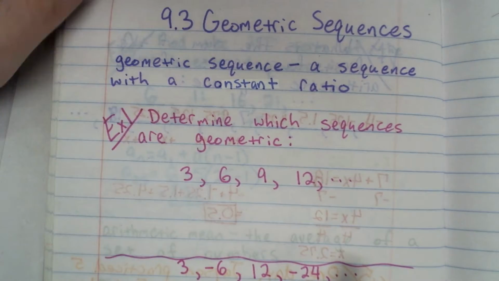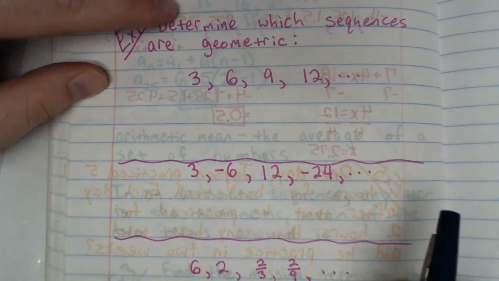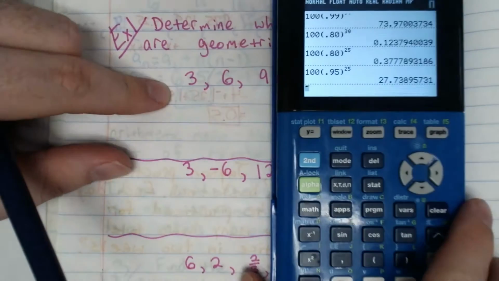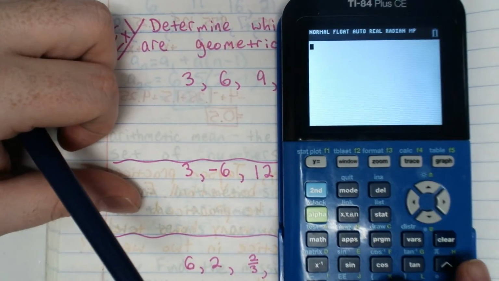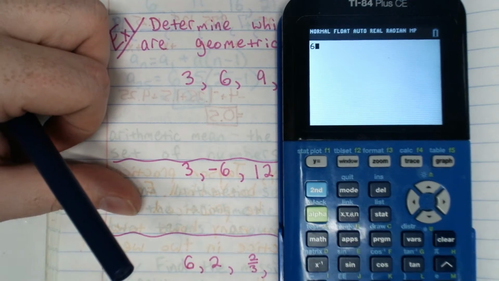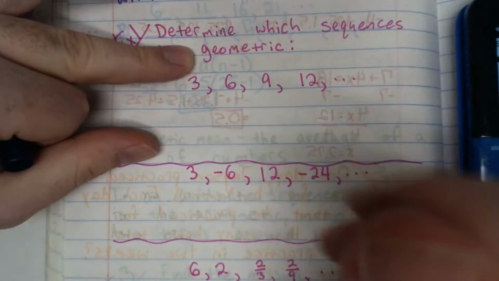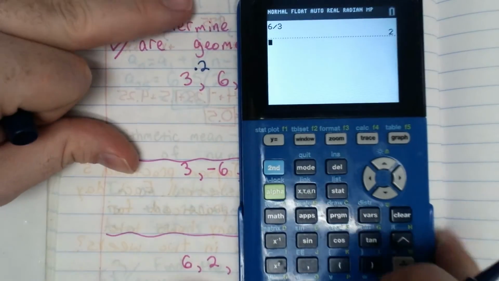So here in example 1, if that's the case, determine which sequences are geometric. If we're looking for the pattern to be multiplication, then we should be multiplying 3 by something to get 6. So we can reverse that by dividing 6 by 3 and seeing that would be 2. So if this is a geometric sequence, we're going to multiply 3 by 2 to get 6.